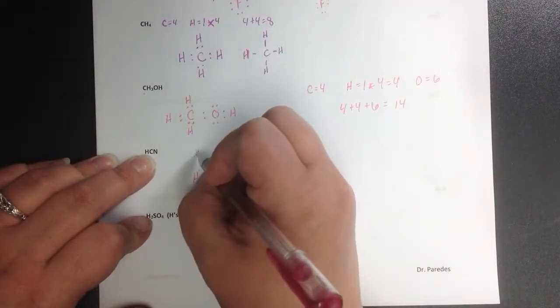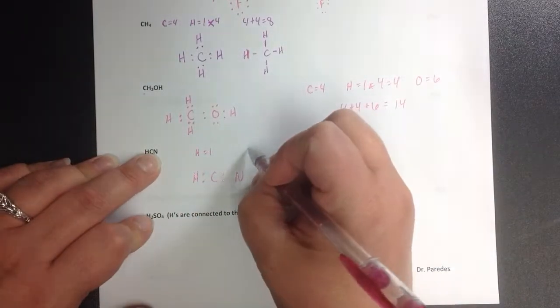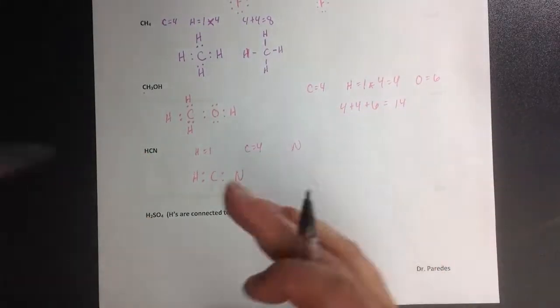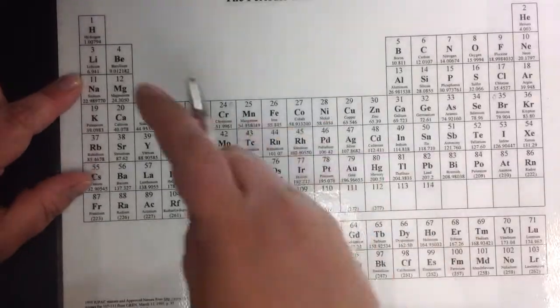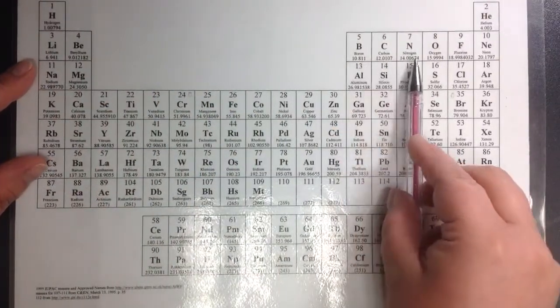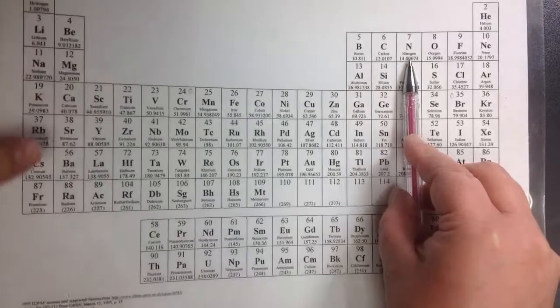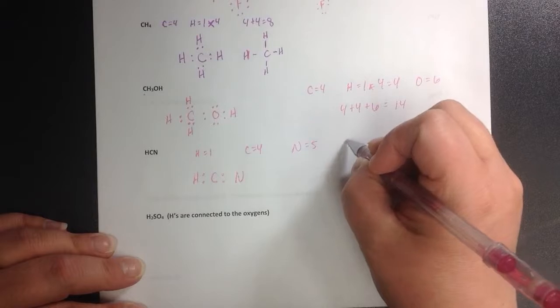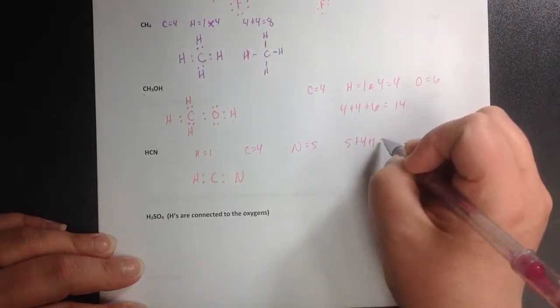Hydrogen has 1, carbon has 4, and nitrogen we haven't counted yet, so let's count that. 1, 2, 3, 4, 5. So it has 5 valence electrons. So 5 plus 4 plus 1 equals 10.